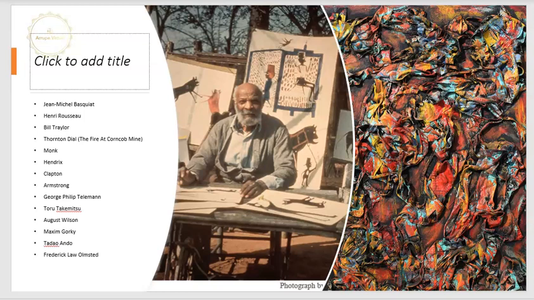Jean-Michel Basquiat, Henri Rousseau, Bill Traylor, Thornton Dial, and that is his image there on the right of the fire at Corncob Mine. Thelonious Monk, Jimi Hendrix, Eric Clapton, Louis Armstrong, George Philip Telemann, Toru Takemitsu, August Wilson, Maxim Gorky, Tadao Ando, and Frederick Law Olmsted, who I am going to show you at the very last because I miss my New York and I don't know when I'll get back.